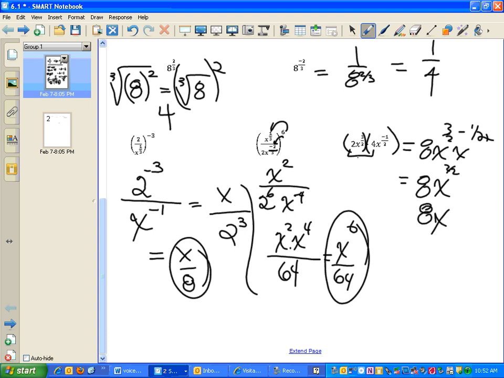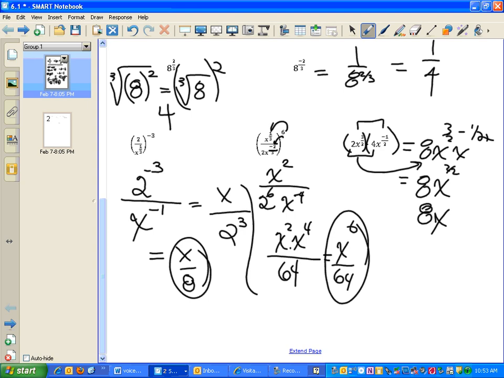So 2 times the 4 is the 8. And I combine my like bases with my x's and reduce my exponents down. So how did you do that? Well, what is 3 halves? Yeah, what do you do? When you multiply your bases, what do you do with your exponents? Correct. And my exponents have already like denominators, so it's just 3 halves minus 1 half.